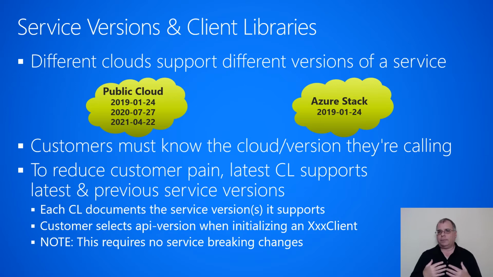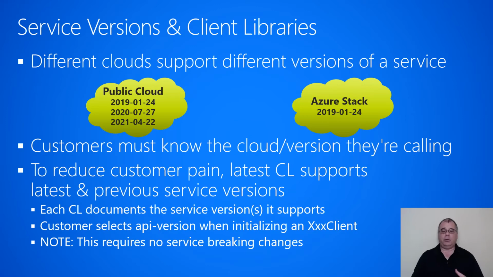So a customer who wants to leverage this service can go and grab a client library in the language of their choice, that means the SDK of their choice, that they wish to use to talk to the service. Now, if the customer knows they're talking against Azure Stack, then they have to get a version of the client library that supports the 2019 version.